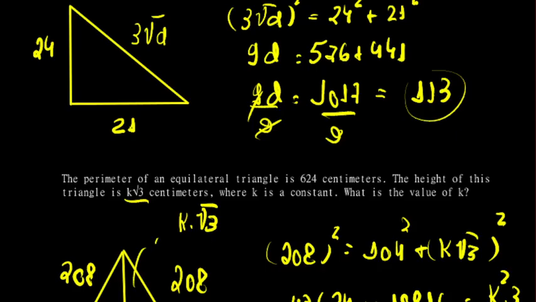This is already divided by the square of 3. It's gonna be cancelled out and we get this value, k squared. So the radius of this is gonna be 104.